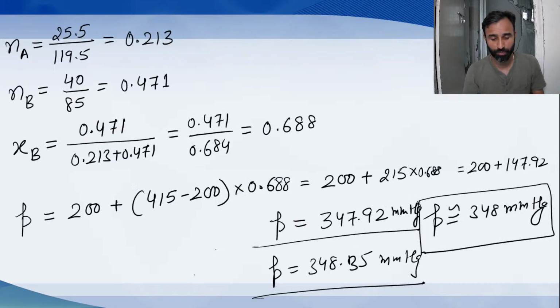We have written it as P. We can write it as P total as well, because it is vapor pressure of the solution.